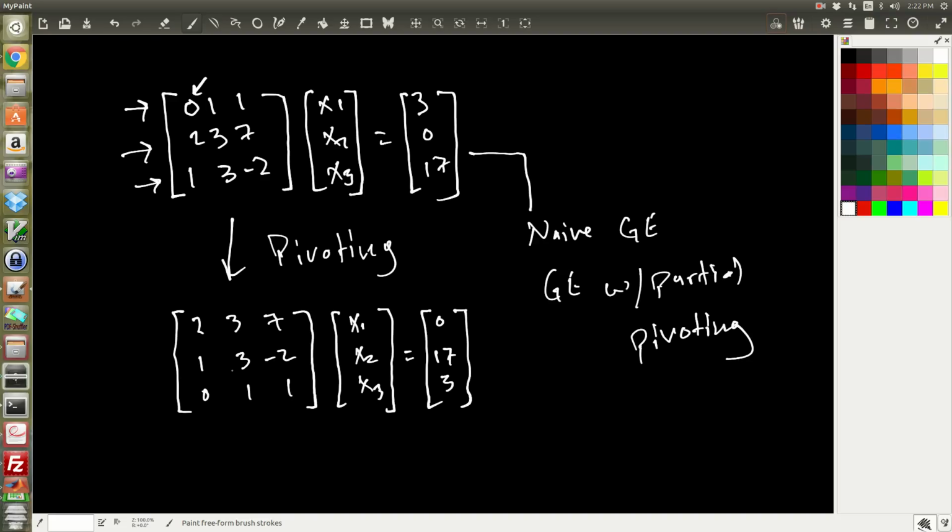And full pivoting is more expensive to do on a computer than just partial pivoting. It makes the algorithms a lot more complex. So in another video, I'm going to talk about how we can develop an algorithm for naive Gaussian elimination, and how to get started programming that in MATLAB. So we'll see you in the next video.